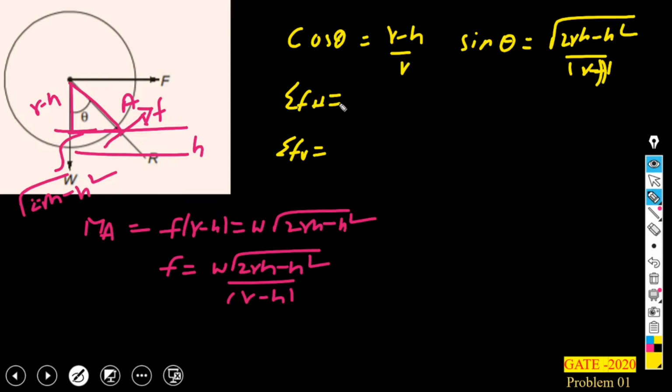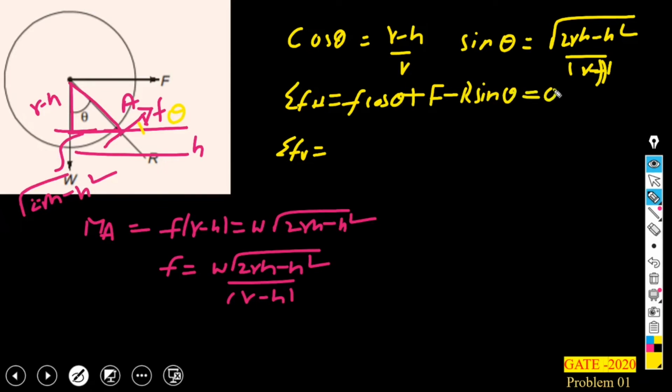Then this is angle theta, this is also angle theta, this is frictional force F. Then summation of horizontal forces is equal to F cos theta plus applied external force F minus R sin theta is equal to 0.